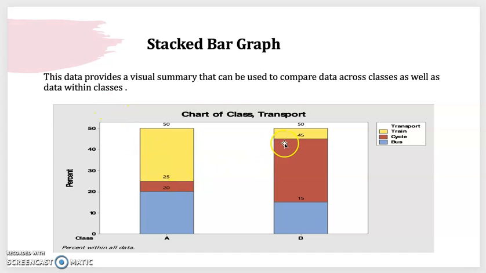You still see the color is a very big portion for class B, that's the bicycle. In class A, your yellow area will be big. That will be the trend. So the bar graph is usually used for categoric data. You have different modes, you have different classes, and here we're just using the frequency to show the relationship between these two variables.